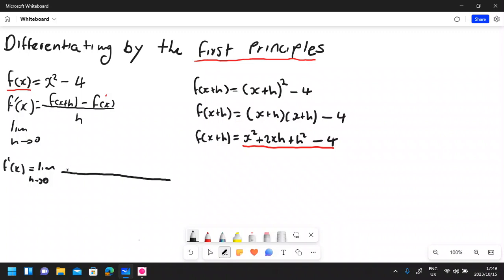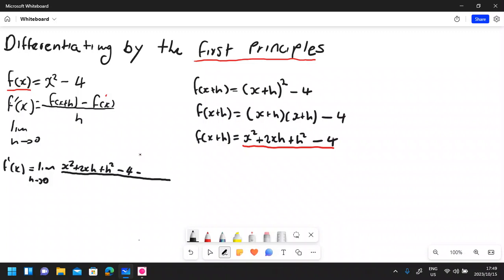So don't forget that. Let's write it here: x squared plus 2xh plus h squared minus 4, right? So let's not forget, now this is our f of x plus h, now minus f of x.